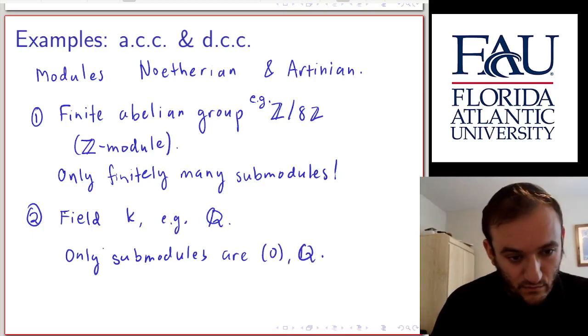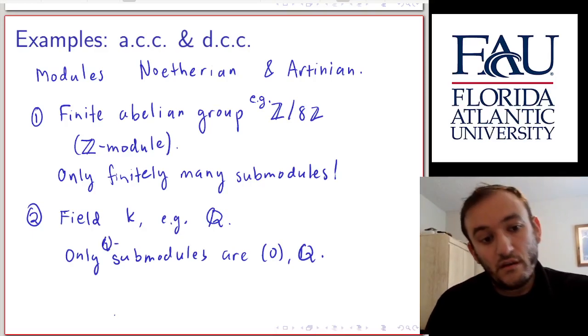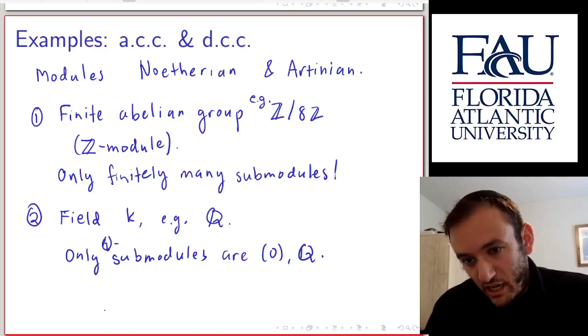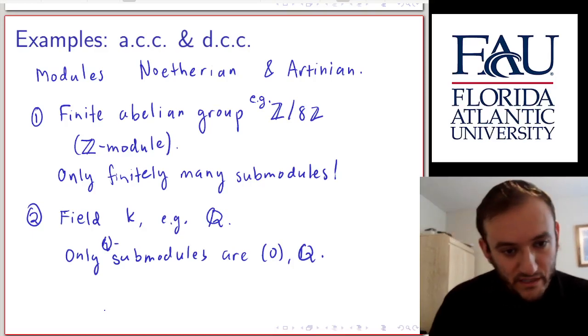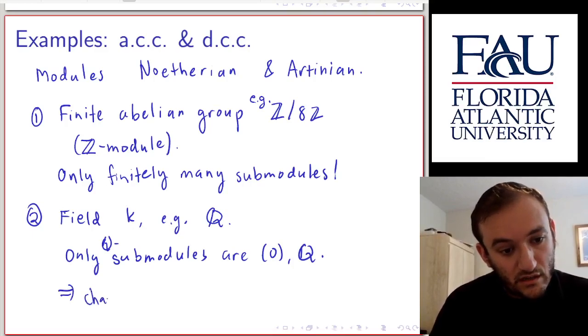I guess we should specify what ring we're talking about: the only Q submodules. So any chain is just going to involve those two, so of course it'll be stationary. Chain conditions easily satisfied.